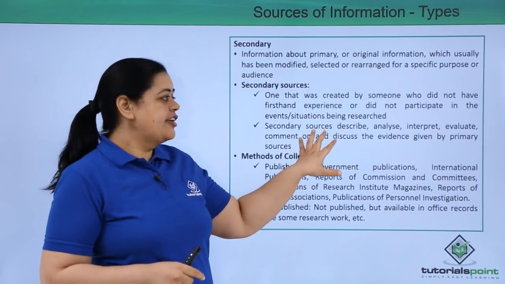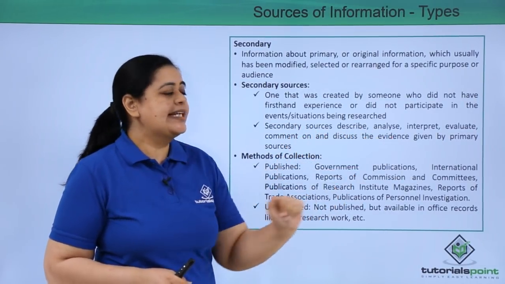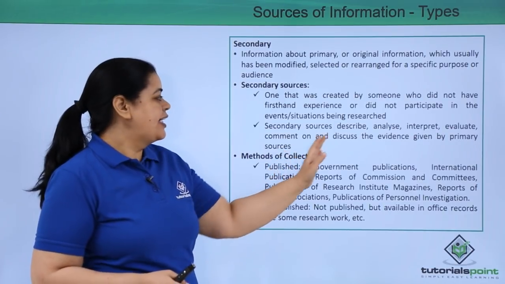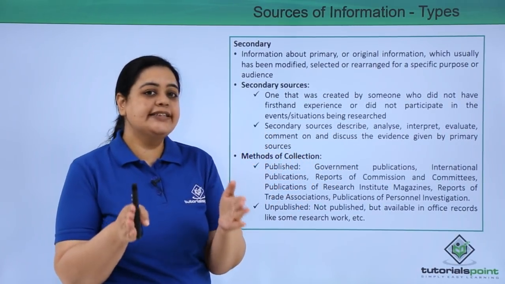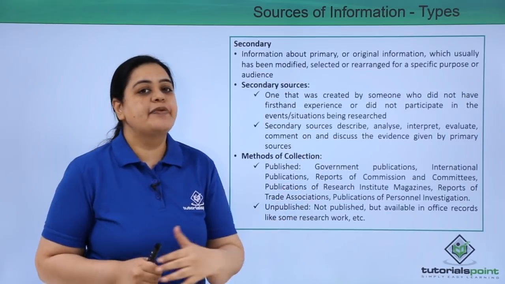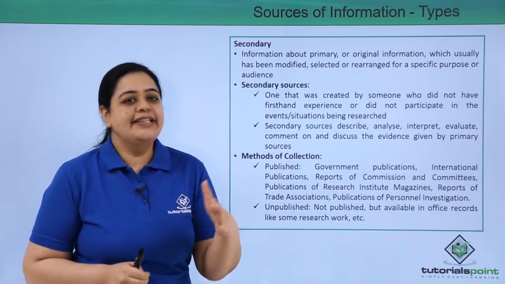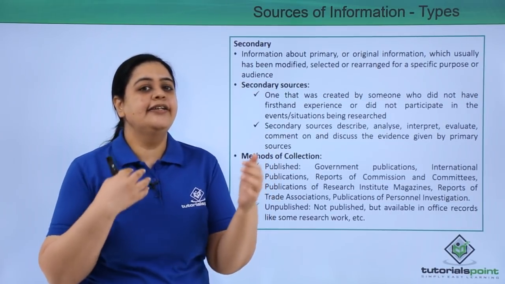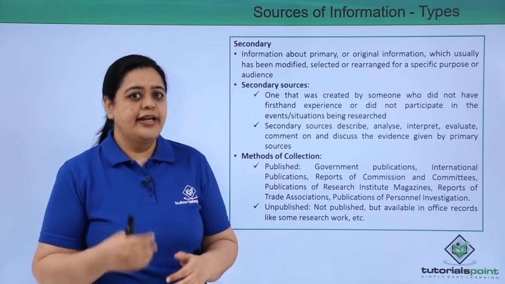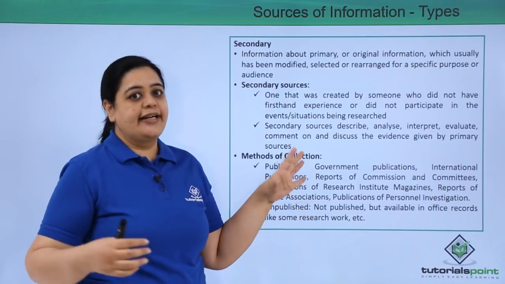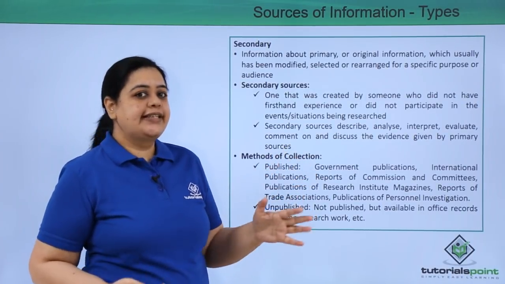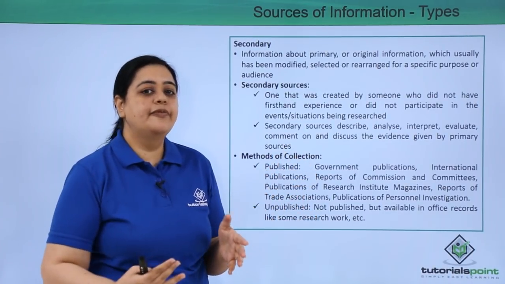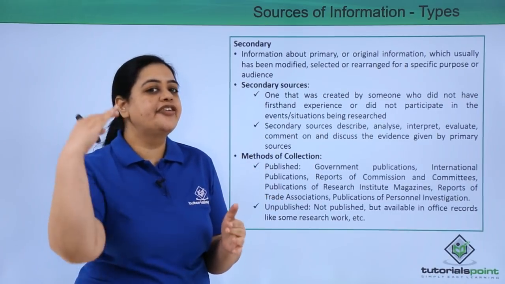Secondary sources would describe, analyze, interpret, evaluate, comment and discuss on the evidence given by the primary sources. So whatever is the data collected, let's say the census collected the data on how many women are earning. Now someone takes that data, rearranges it and says that the number of women earning in the country has gone up.